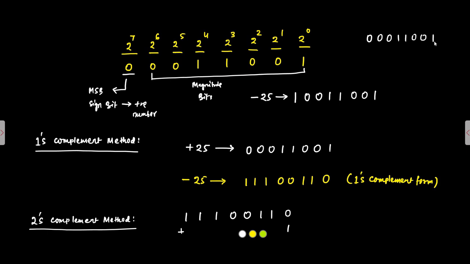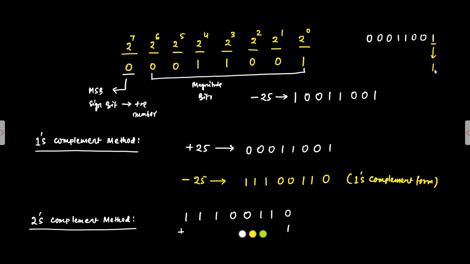We start from the LSB side until we arrive at the first 1 bit. Here the LSB bit itself, the starting bit itself, is 1. So we keep that as it is, because there are no 0 bits behind it.